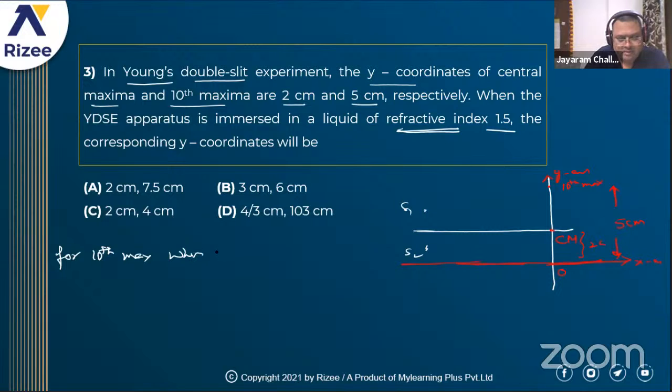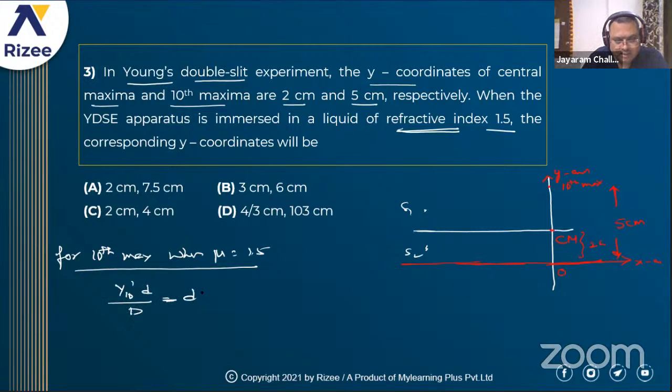when mu is equal to 1.5. So in this condition, what can you write? y of the 10th maxima dash into small d by capital D minus d sine theta is equal to 10 lambda by mu, that is 1.5.